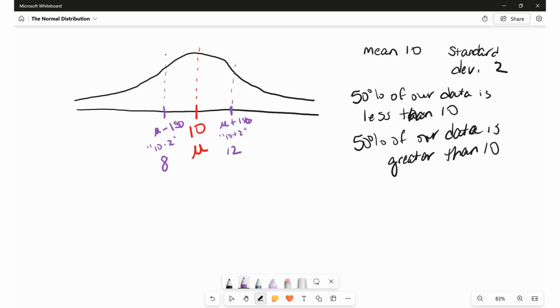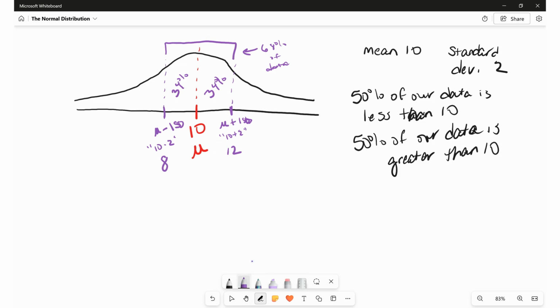So something we can tell right now is that 68% of our data falls between these two purple dashed lines, which also means that this section is 34%, and this section is 34%.